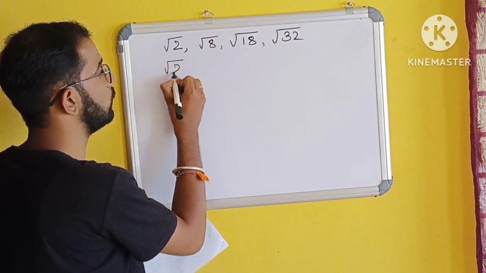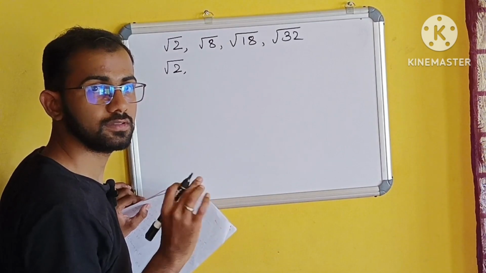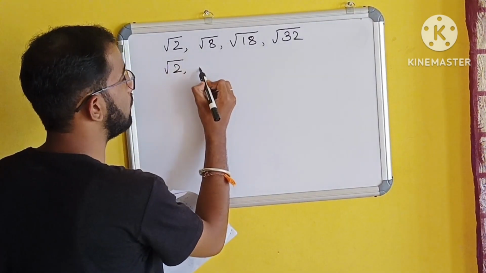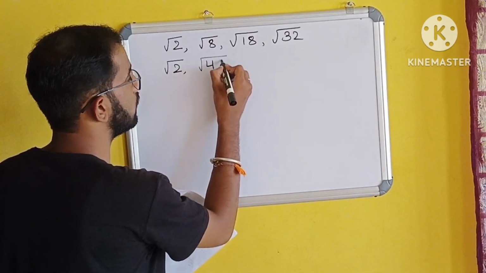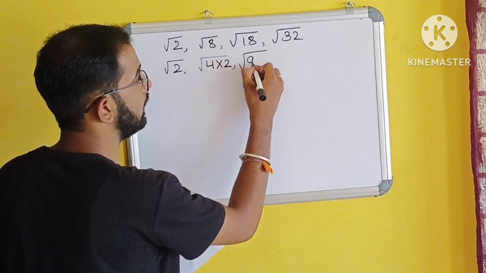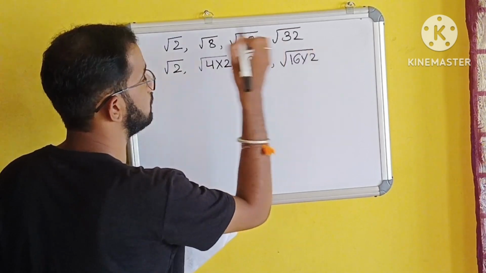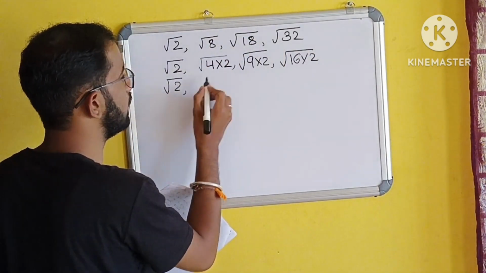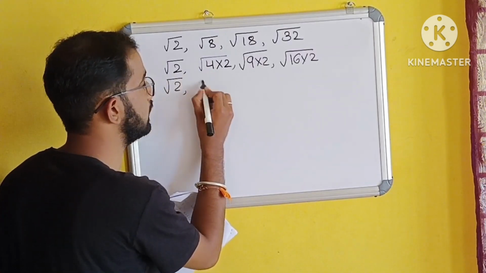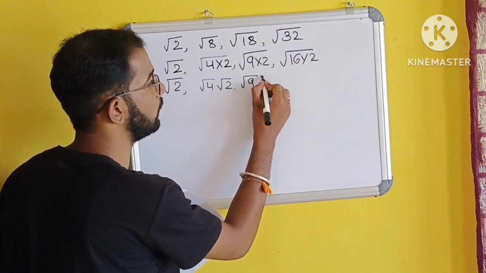In our lower class mathematics, we came across surds: root 8 can be written as root of 4 into 2, root 18 as 9 into 2, root 32 as 16 into 2.